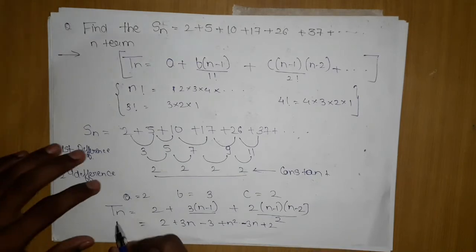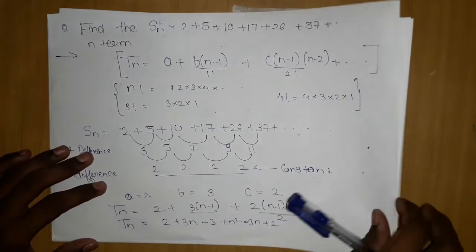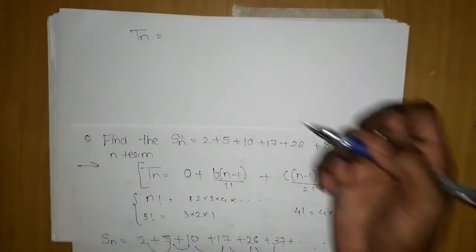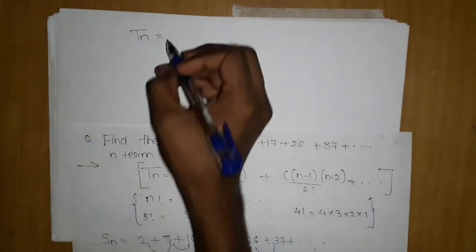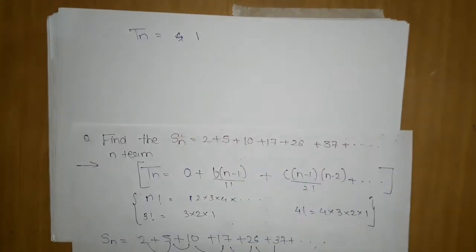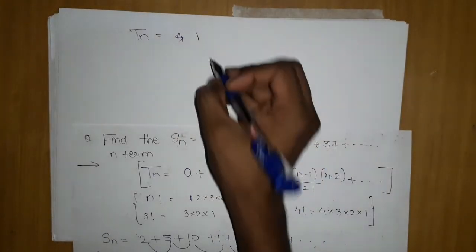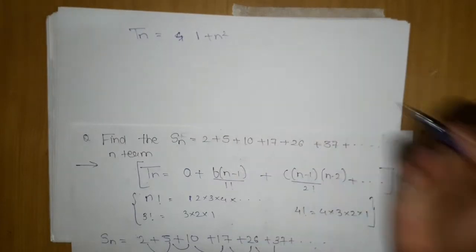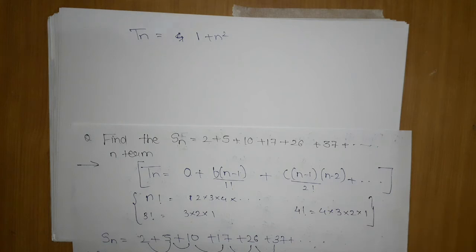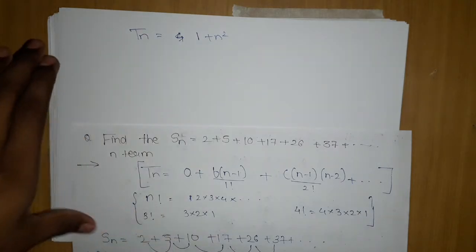After solving this, we get tn as n square plus 1, since 2 minus 3 plus 2 is 1, and 3n minus 3n gets nullified. So here you can clearly see that we got our answer. That easy.